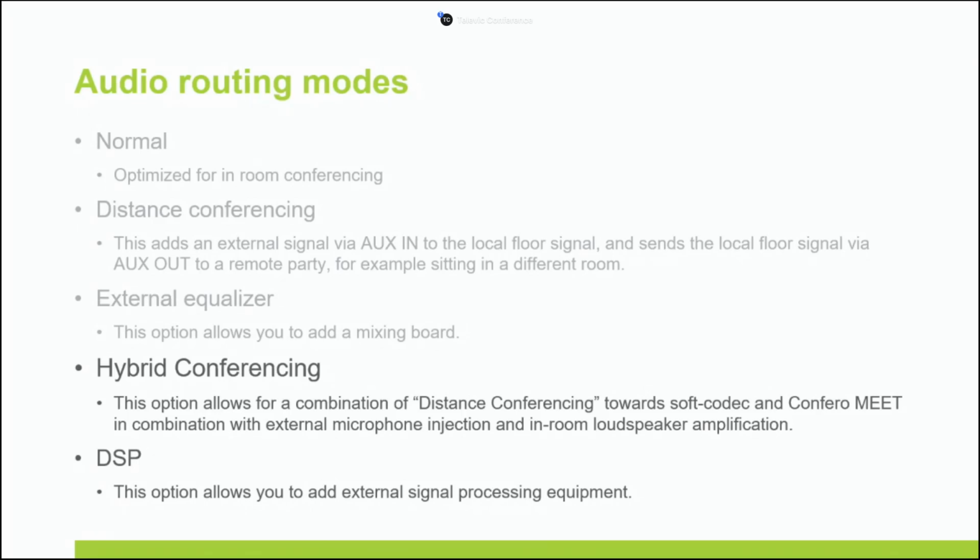That's really typical for those smaller installs where you don't have a DSP involved. Then you still have that flexibility in terms of routing. And the last one that we've added, which I just explained, is the DSP mode, to give the flexibility to integrate with external signal processing equipment.